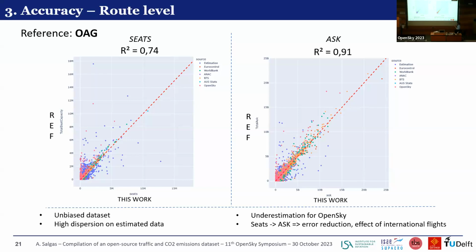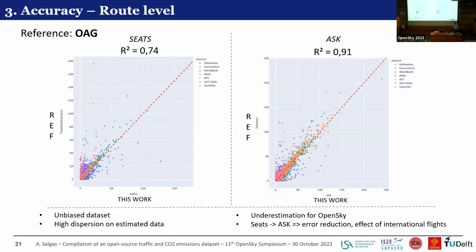Each color is a different source we've used in the dataset. We can see that most of the datasets from existing open source are really well correlated. The estimated data is unbiased but quite highly dispersed, and that's something we could have expected. And also, there was a small bias towards underestimation for OpenSky data.